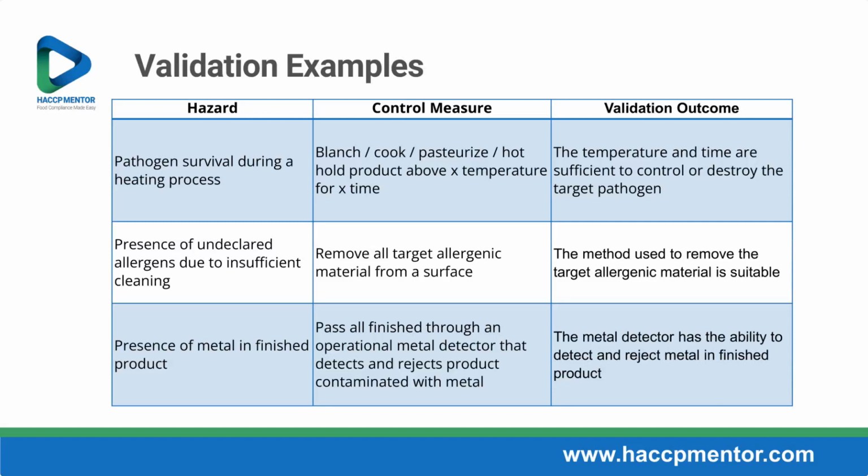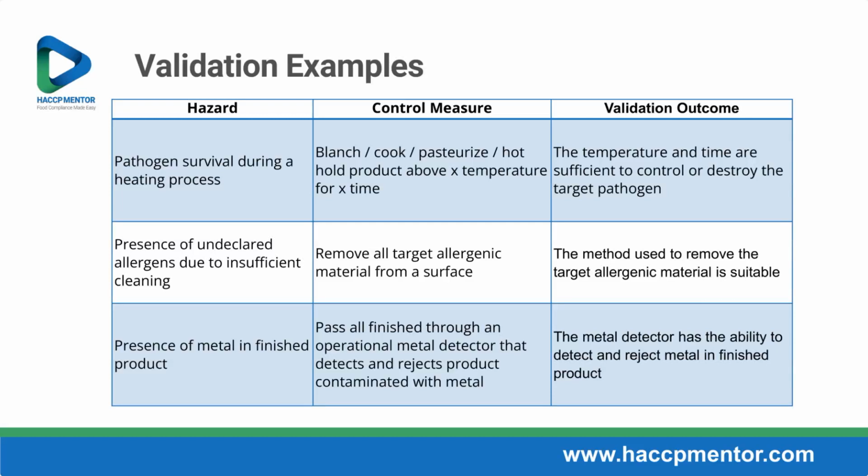So again, be direct in what you're trying to achieve here. Now we're saying we need to validate that the method used to remove the target allergenic material is suitable. This is the actual process that you're going to use to go through and remove that allergenic material.